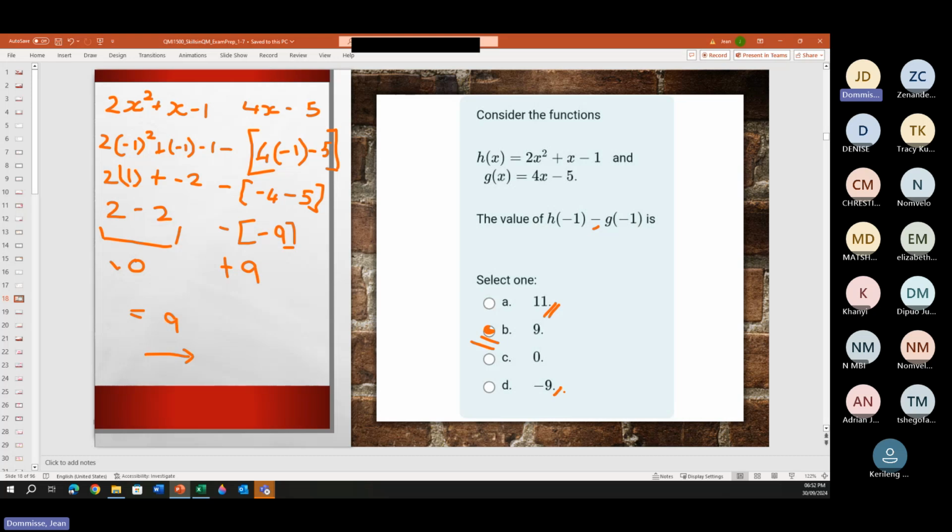There's an answer for you as well. So very important when you look at the equations and where they substitute.